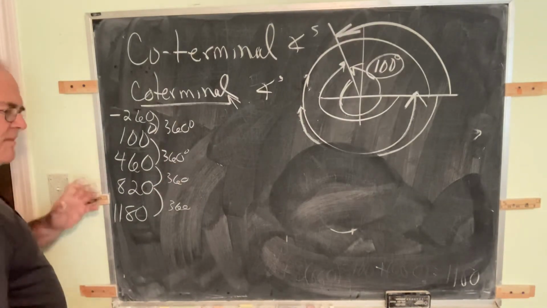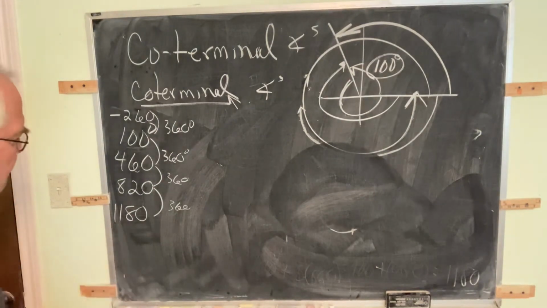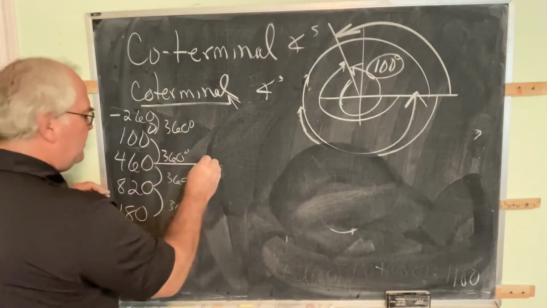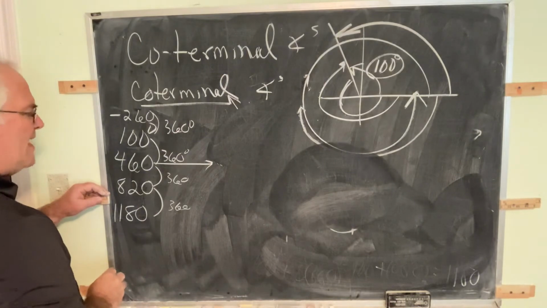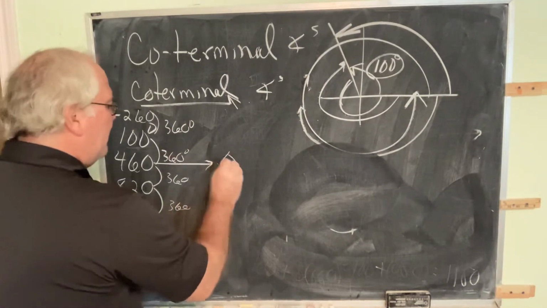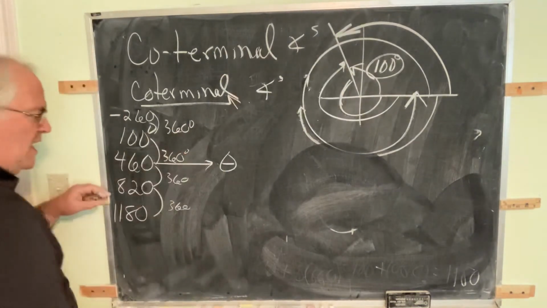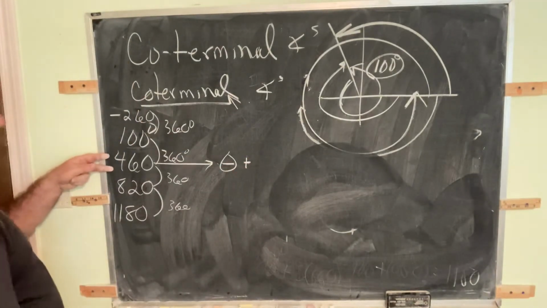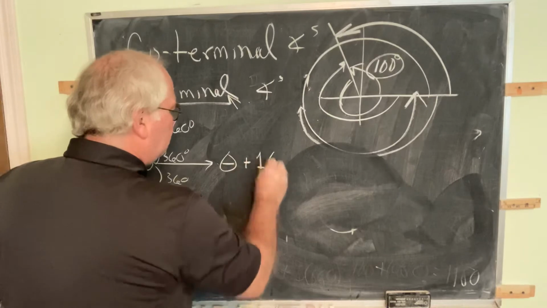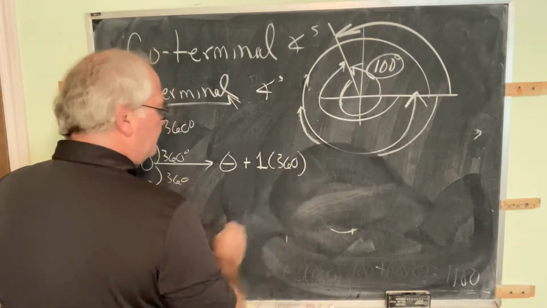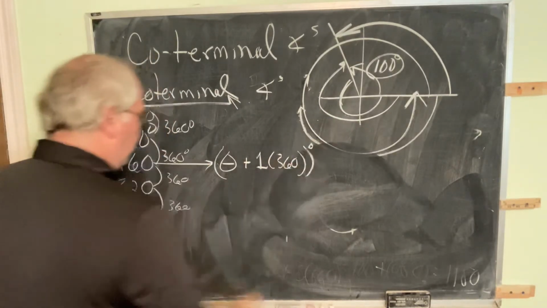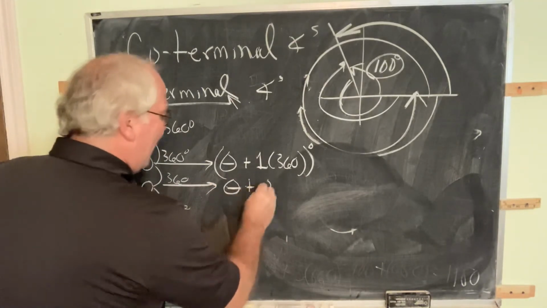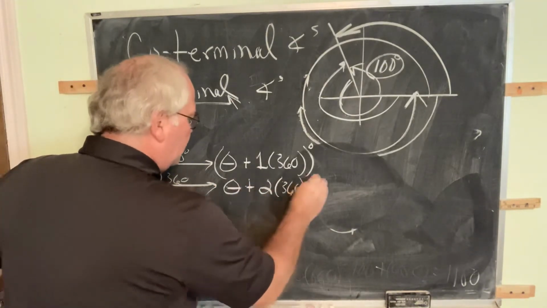Now, what do we have? Come on, think the problem through. Think of the 460. Where did that come from? That came from the measure of angle theta, which we started with 100, and we added one revolution. So that was 1 revolution times 360. This is all degrees. And then where did this come from? This was the original, and then we added 2 times 360 degrees.